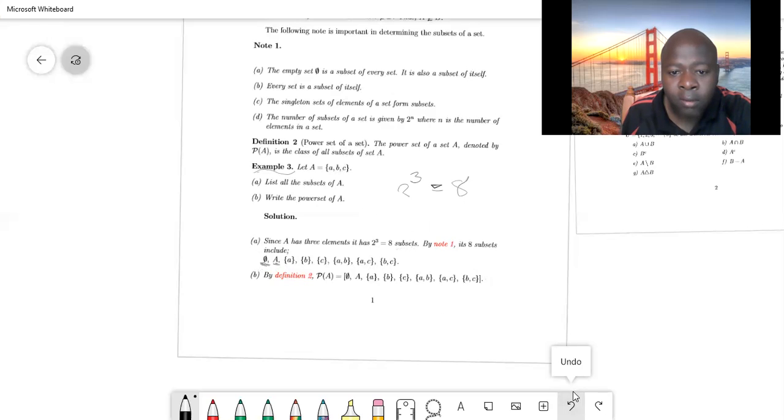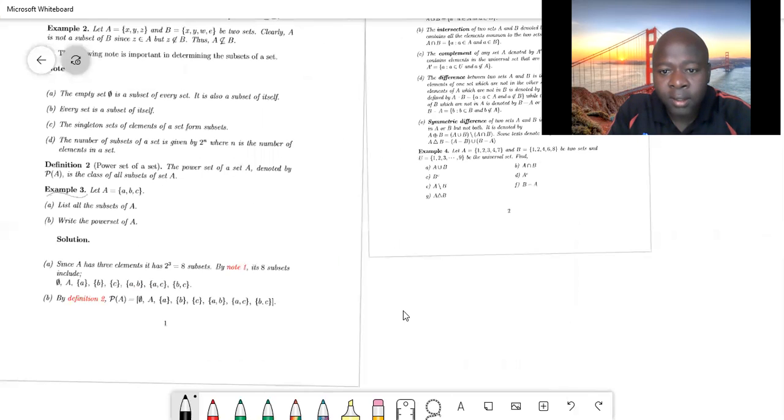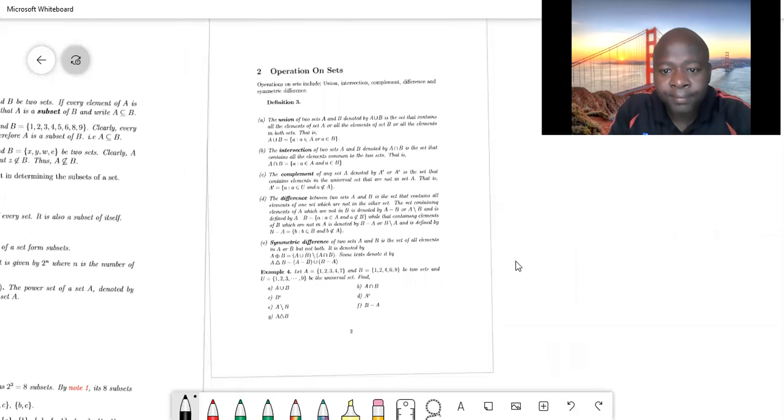Now, having looked at subsets, we know what subsets are and how to list them and even the power set. I want us to look at operations on sets.